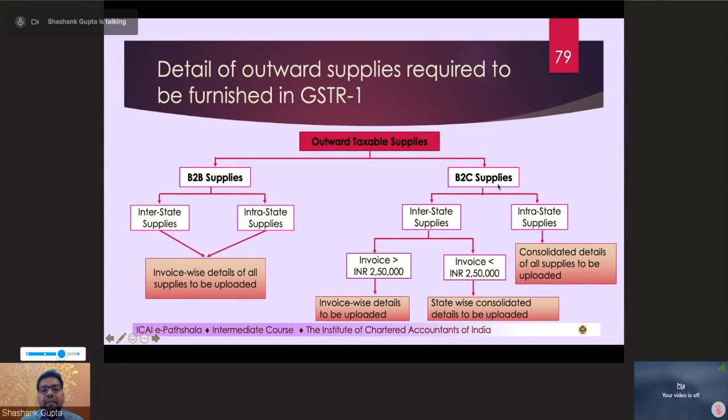However, if it is business to consumer supply within the state, only consolidated details are required. If it is interstate and the value is more than 2,50,000 in a single invoice, then invoice-wise details are required. If the invoice value is lower than 2,50,000, consolidated details are to be uploaded state-wise. That is, from Delhi to Rajasthan separate, from Delhi to Maharashtra separate, from Delhi to Haryana separate.